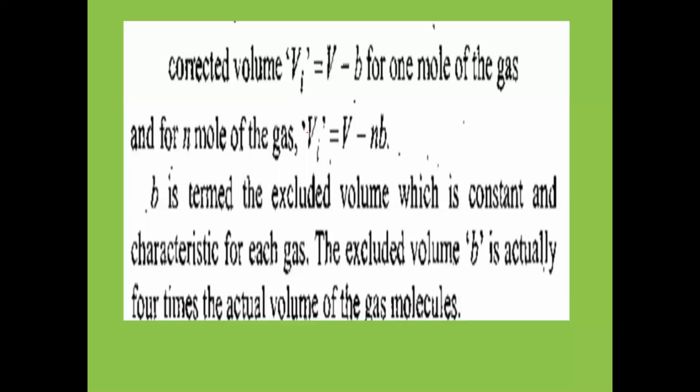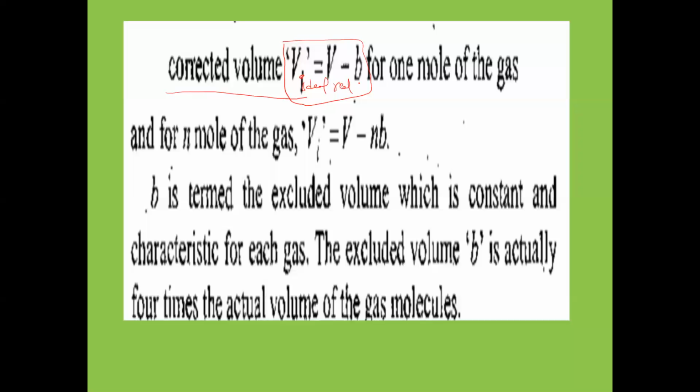Next one, corrected volume. Corrected volume means volume correction. V ideal is equal to V real minus b.